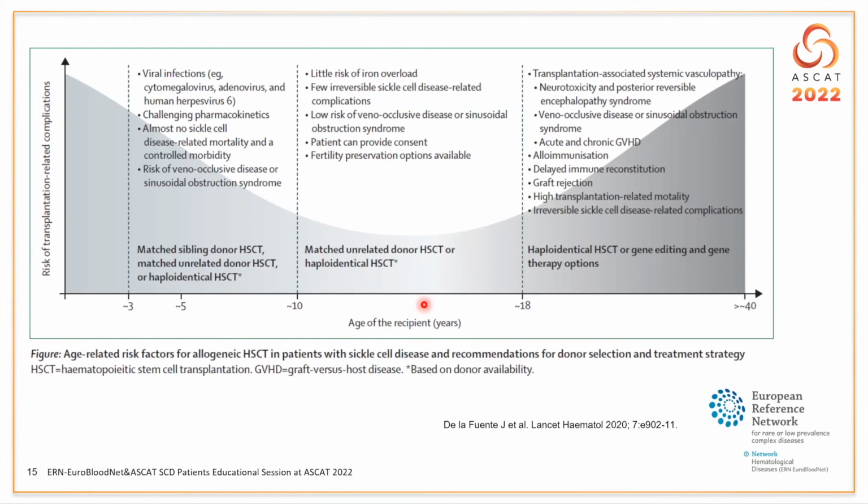So, as shown in an experience presented before, we don't have to wait too much. Even if we don't have a matched sibling donor, the transplant can be done in different ways, also from a partially matched family donor. And considering children, all children have a father or a mother who can donate for them.